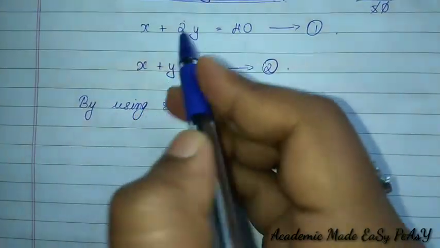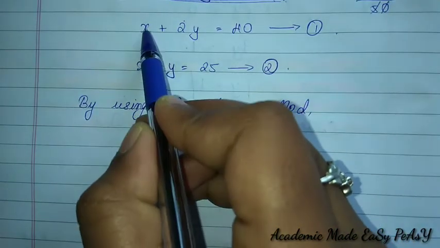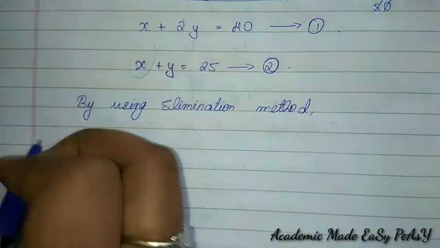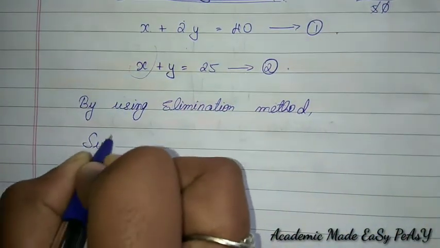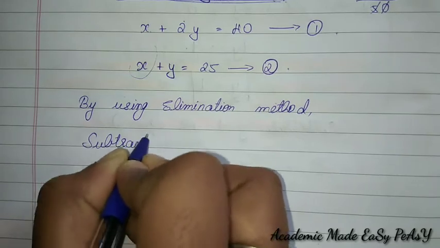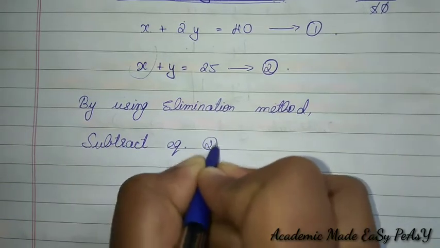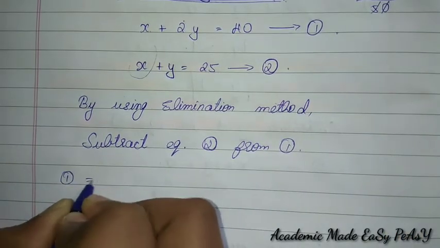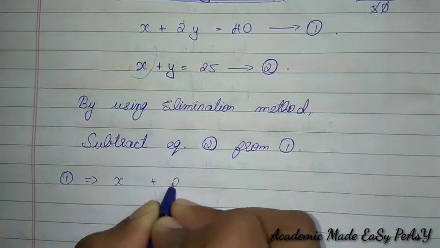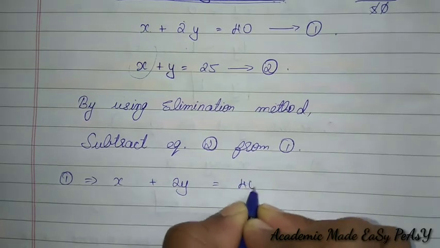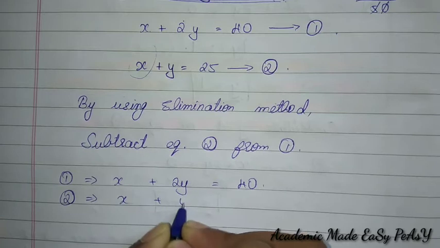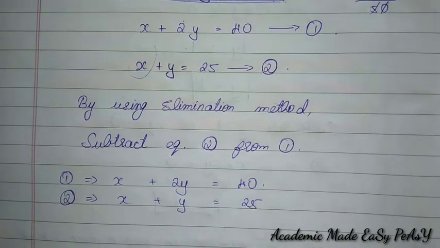Okay, so here if we just look into equation 1 and 2, the coefficient of x is the same. So directly we can just subtract. So subtract equation 2 from 1. So equation 1 implies x plus 2y is equal to 40 and equation 2 implies x plus y is equal to 25.